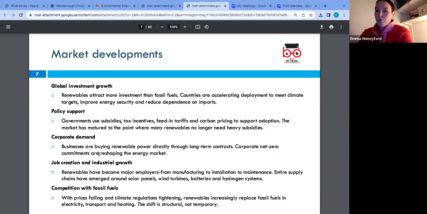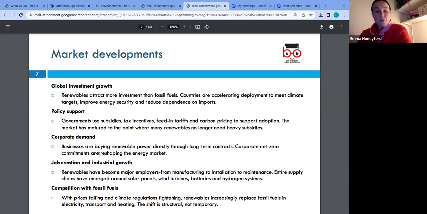Job creation from a shift into more renewable energy sources is positive. I think there's been a lot of debate around whether the green shift may lead to job losses. Well, in fact, we can still have an economy with renewable energy. We can still have jobs.